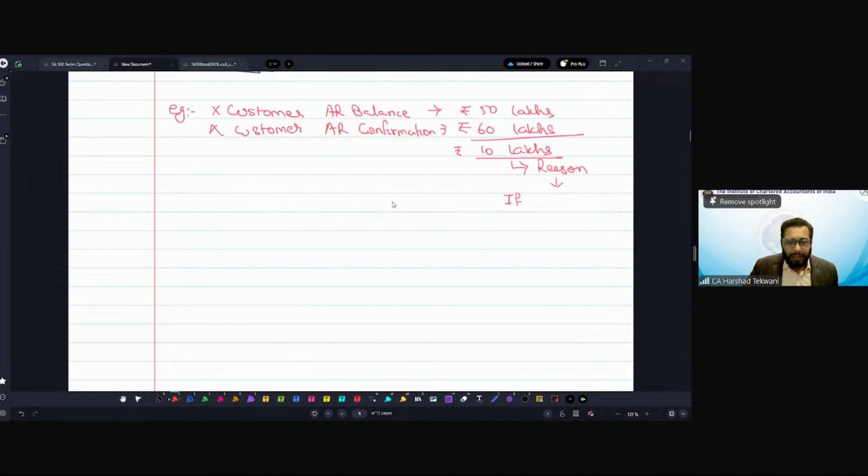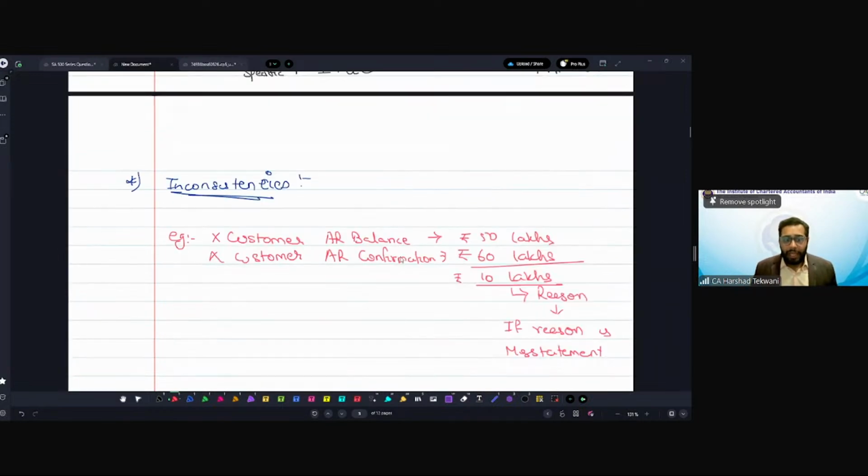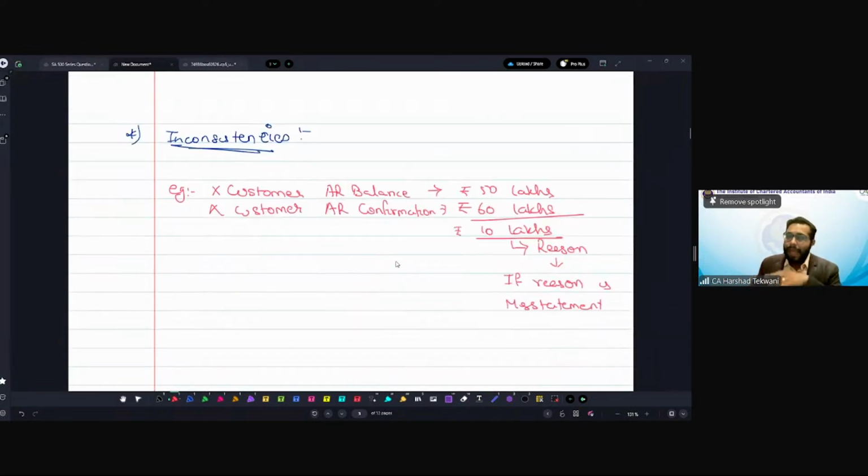If the reason is misstatement, means my accounting records or the AR report. See, it may happen that the confirmation which we have received is incorrect, but that will hardly happen. No one will provide a wrong confirmation. There are still chances, but they might not do.